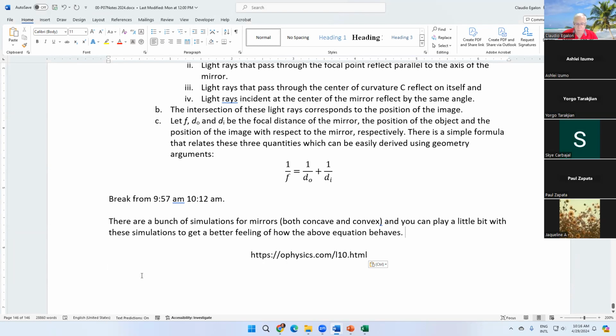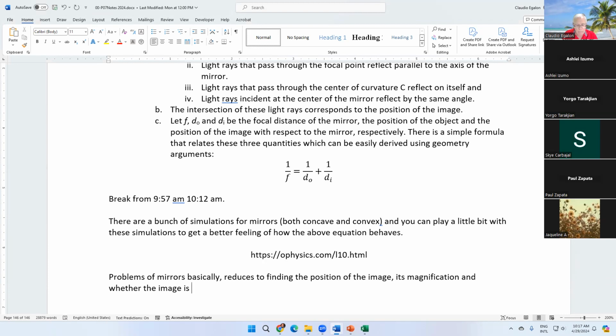Okay, problems of mirrors basically reduce to finding the position of the image, its magnification, and whether the image is real or virtual, and whether the image is inverted or not.